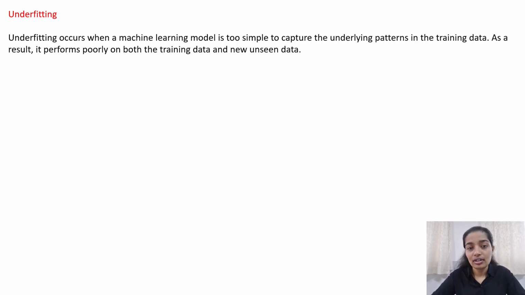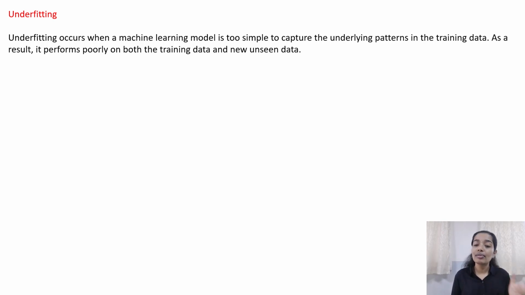Let us say we have very limited training data. Let us say we just trained our model on 5 or 10 examples. Do you think the model will be able to capture the patterns or the behaviors? Obviously not. So it will perform poorly on both the training side and unseen data. So it won't give us accuracy at all.